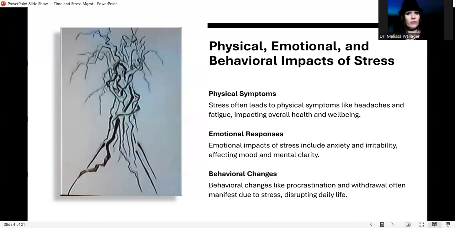How could we ever get this done? How could I ever accomplish that? There's no way I'm going to be able to do that. So that negativity starts setting in, and that negativity is often associated with high levels of stress, especially stress that we have to deal with on a daily basis. Until we learn how to manage it better, it's going to continue to remain that way.